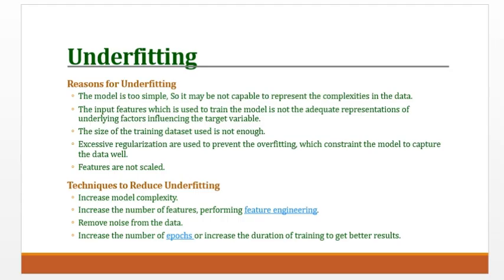Now, techniques for reducing underfitting are the complete opposite of those for overfitting, which is increasing the complexity of the model and removing the noise from the data. You also increase the number of features, performing feature engineering in this.